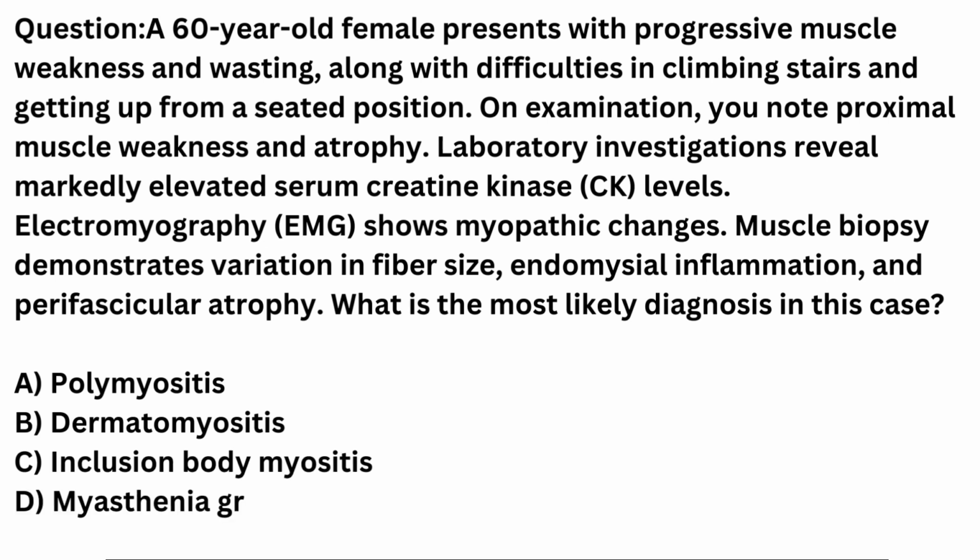D. Myasthenia gravis. The most likely diagnosis in this case of a 60-year-old female presenting with progressive muscle weakness and wasting, proximal muscle weakness and atrophy, markedly elevated serum creatine kinase (CK) levels, myopathic changes on electromyography (EMG), and muscle biopsy findings of variation in fiber size, endomysial inflammation, and perifascicular atrophy is C. Inclusion body myositis.